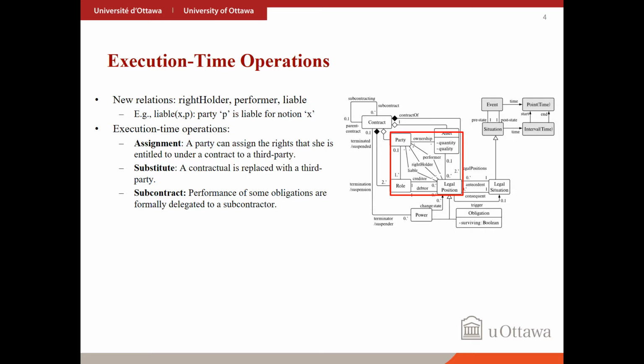By assignment, a party can assign the rights that she has to a third party. By substitution, a party leaves an ongoing contract and has a third party replace her in the contract. Subcontracting shares performance of a set of obligations with one or more other parties through subcontracts.